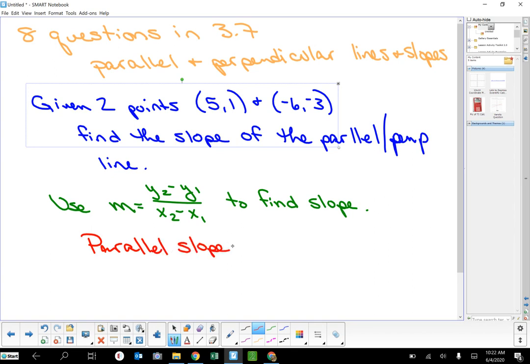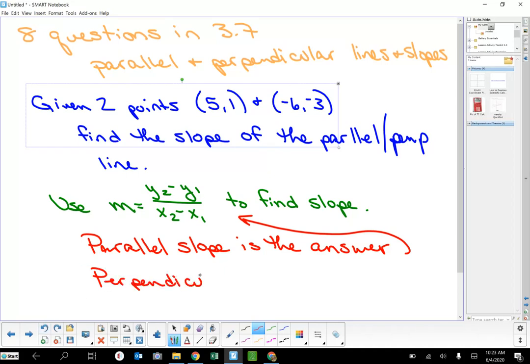So it's the answer to that piece of information. If you need the perpendicular slope, oops, can't spell this morning, not enough coffee. Then you need to just take the opposite reciprocal.